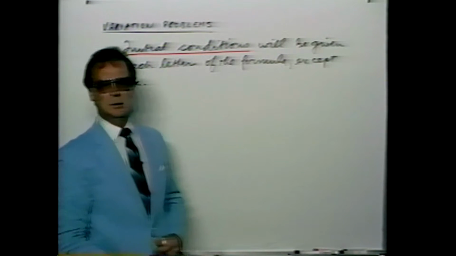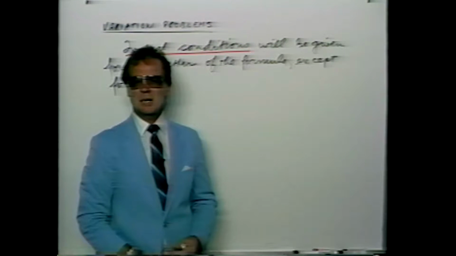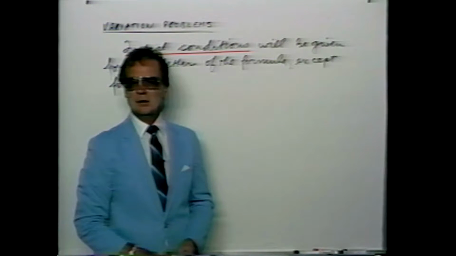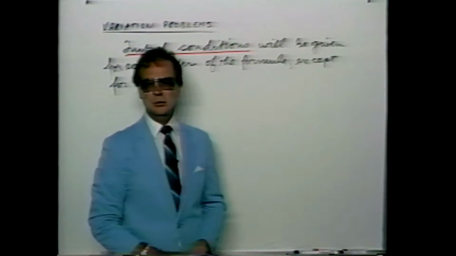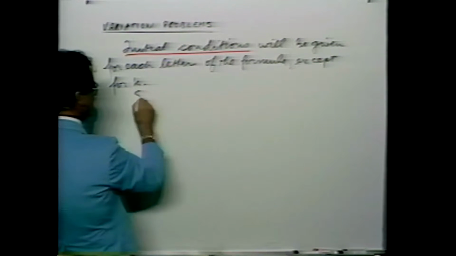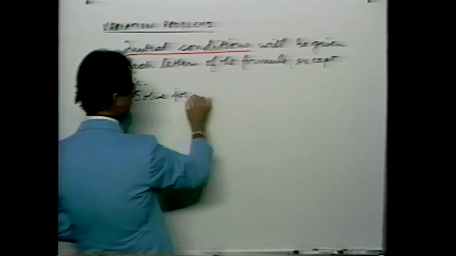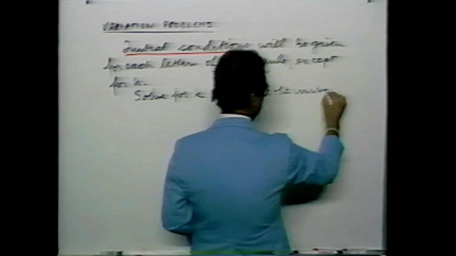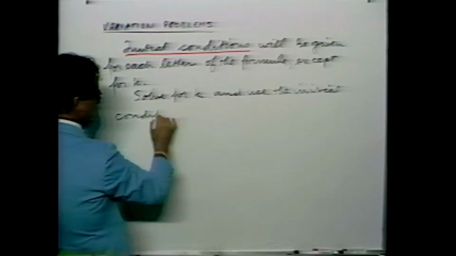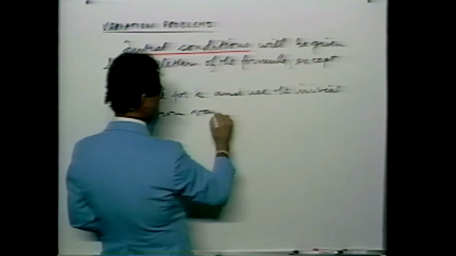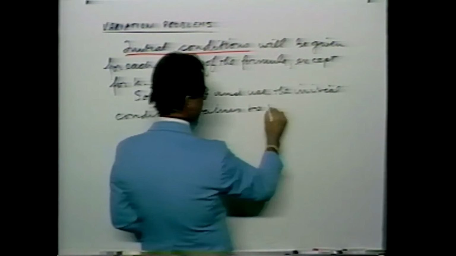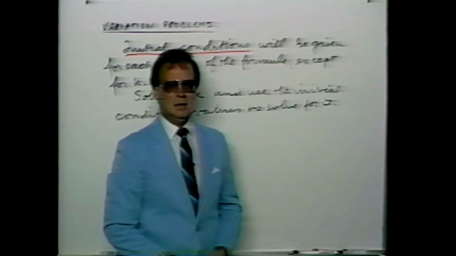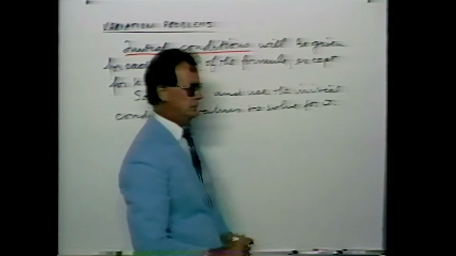In my previous example, dealing with distance and time, the numbers given were initial conditions. The initial conditions allow you to solve for K. Rewrite the formula with the K value entered.